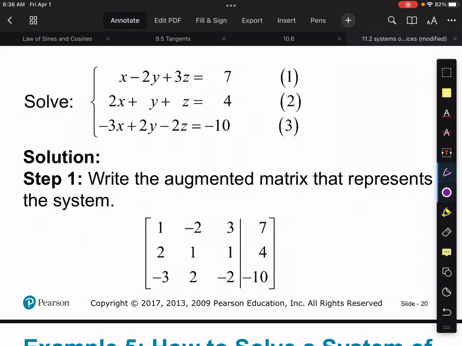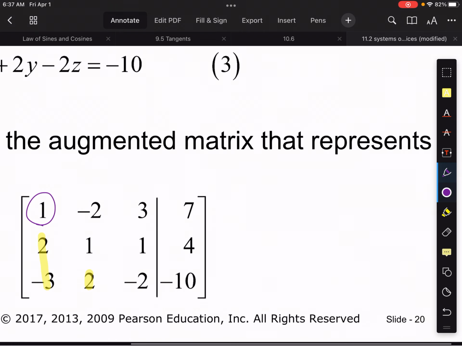Since I already have a 1 in my place here, I want to eliminate that 2 and get it to be a 0. That's my first step. I'm always shooting to make that a 1 and then these zeros. So I want those 2s to be zeros, and since I have a 1 in the middle there, I want this to be a 0. So that's what I'm going to be working on here. All right, so let's do that.